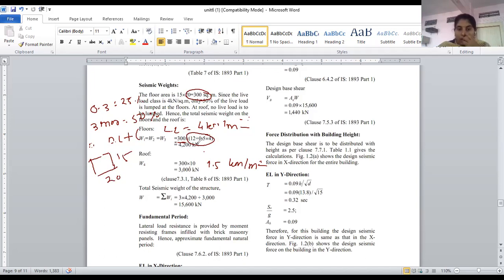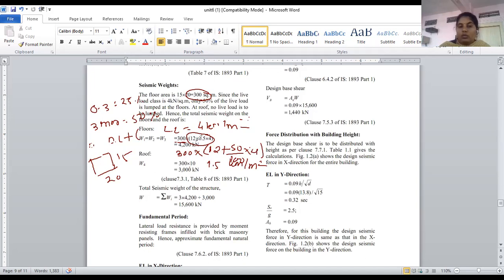So the area is 300, into the seismic weight load. How can we add this load? The 12 is the dead load, plus we have to add the imposed load coming on each story. We know that if the live load is more than 3, then we have to add 50% of the live load over here.